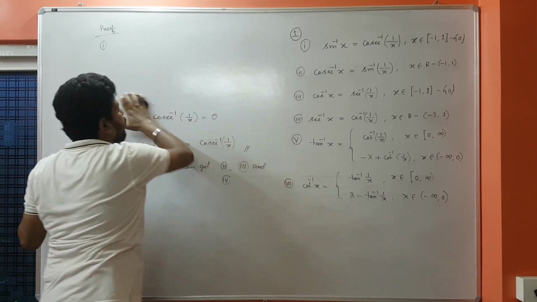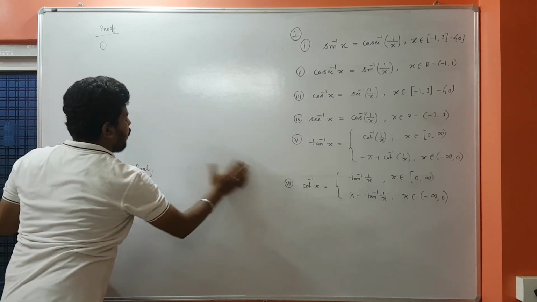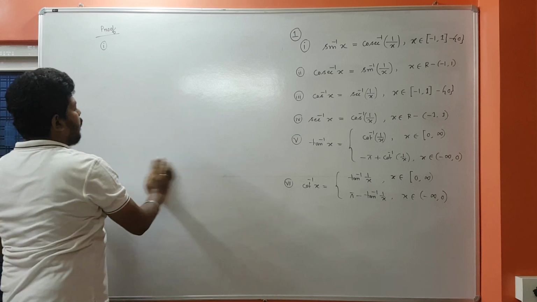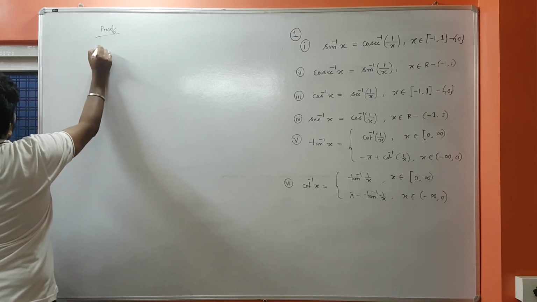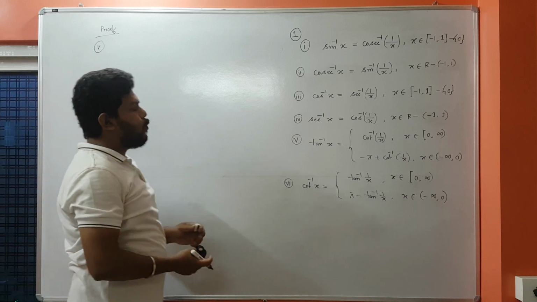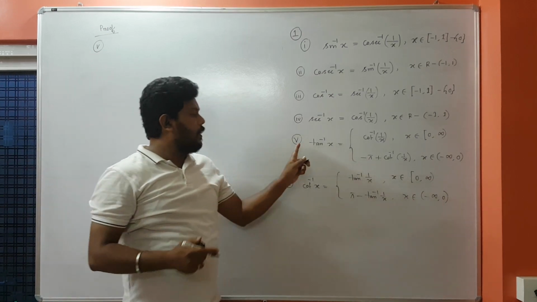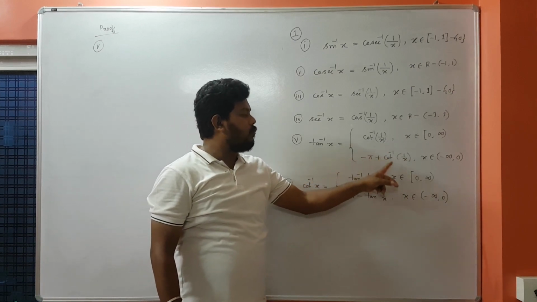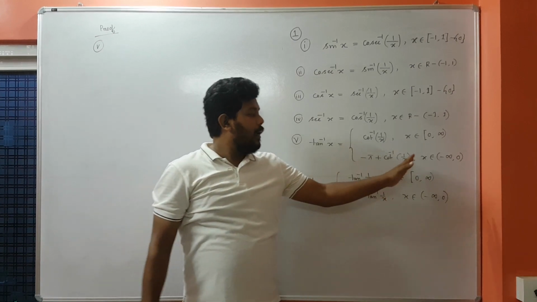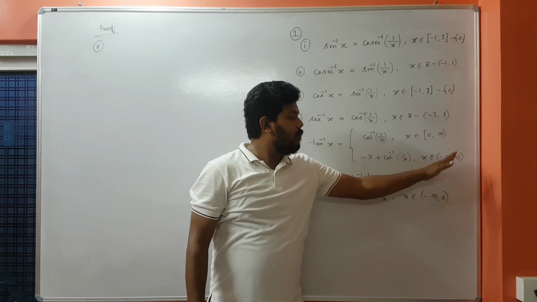Now we will solve number 5. In number 5, there are two cases. You can see tan inverse of x is equal to minus pi plus cot inverse of 1 by x when x belongs to minus infinity to 0.